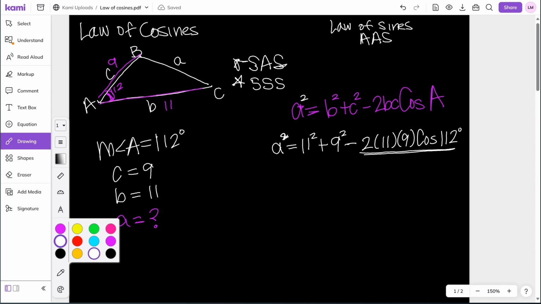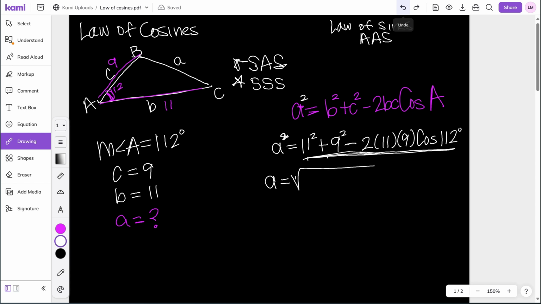Okay, order of operations, guys. This has to be multiplied together. So don't do 11 squared plus 9 squared minus 2 and leave it. We need to put this whole thing in our calculator. In fact, we can go one step ahead and take the square root of both sides.